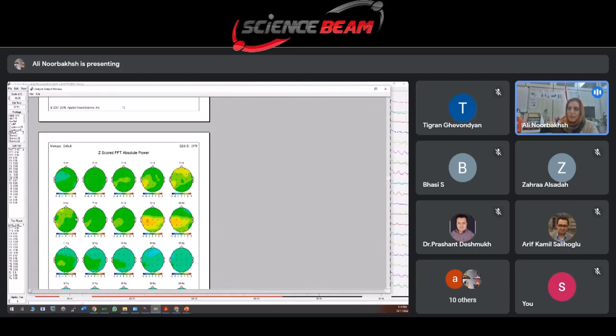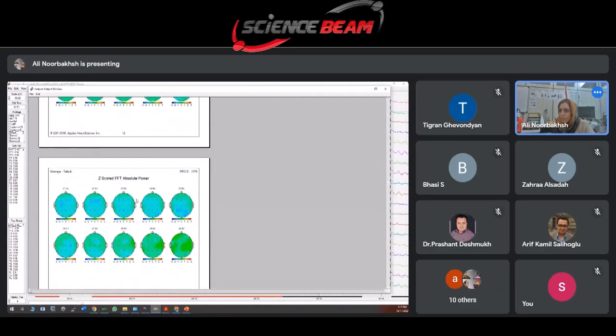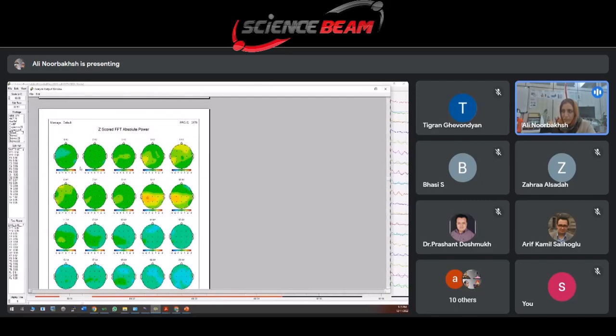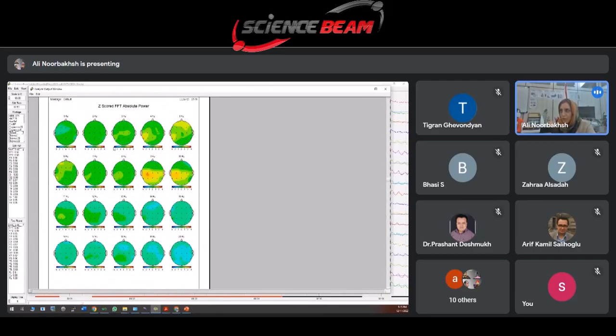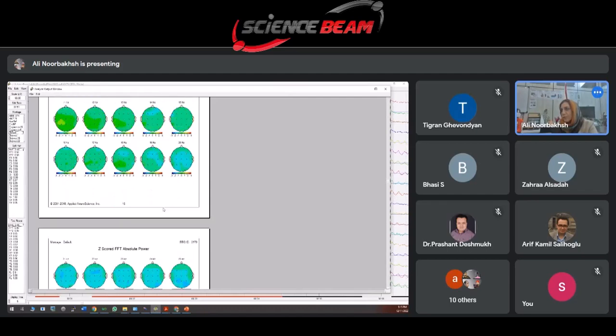Okay, 5 Hertz, 6 Hertz, 7, and 8 mean theta. It belongs to absolute power. Slow waves increase. Can you see the slow waves? 1 to 10 hertz is a slow wave, and 10 to 30 hertz is a fast wave.